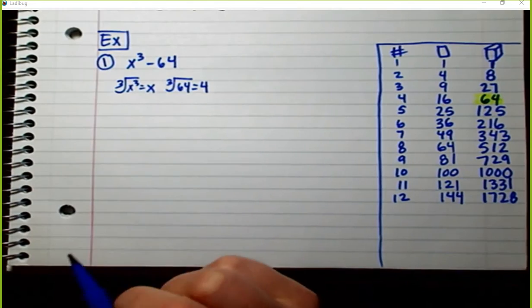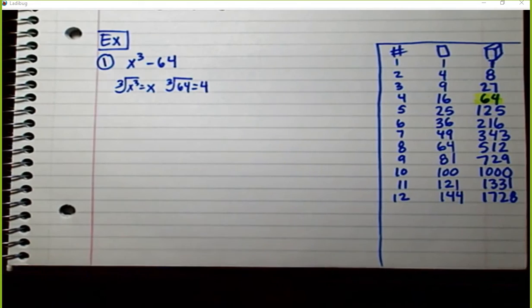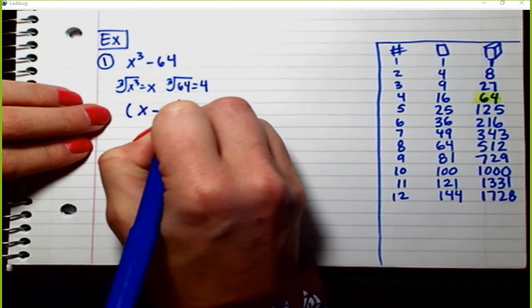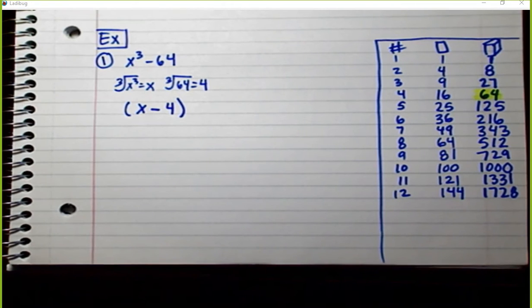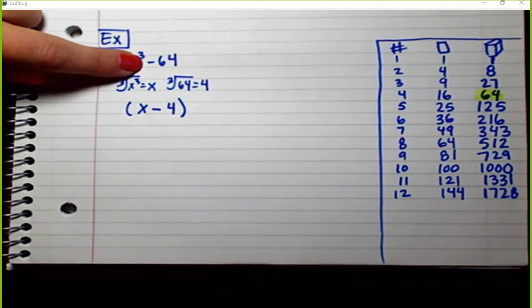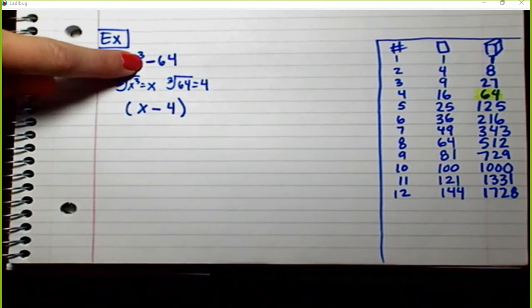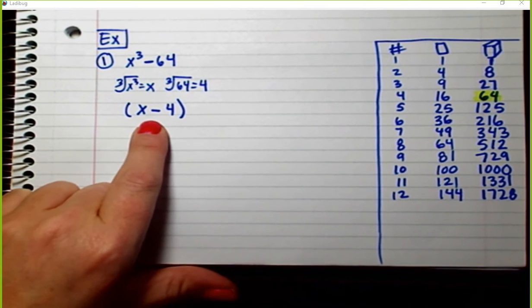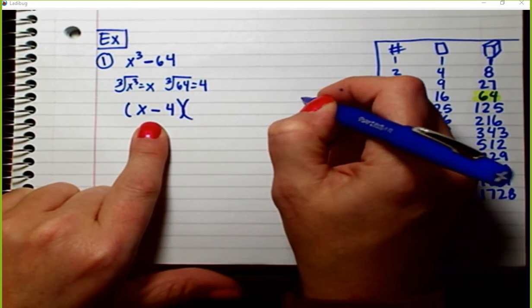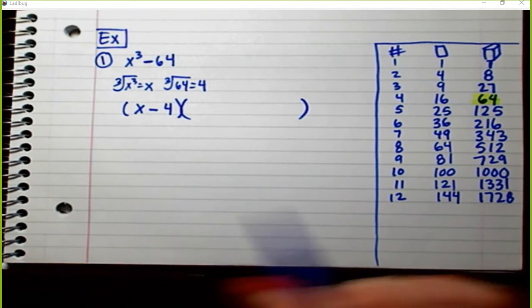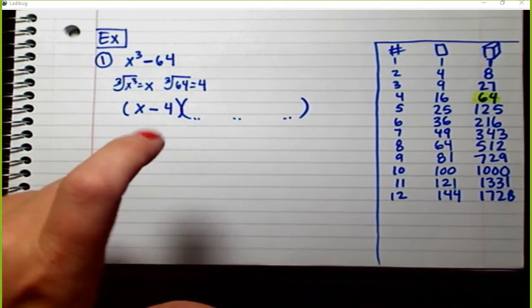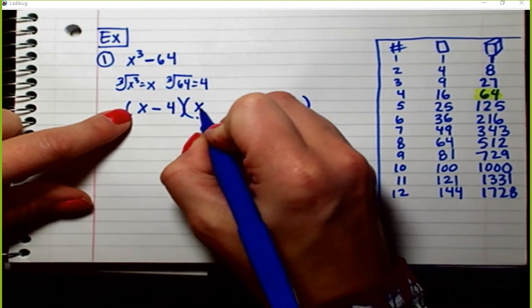Okay, here's my pattern. Make the first factor match. X minus 4. Why is it minus? Because we started with a minus. Good question. Right, this first sign always matches what was in the problem. Okay, then we got a big factor. Here we go. Square.